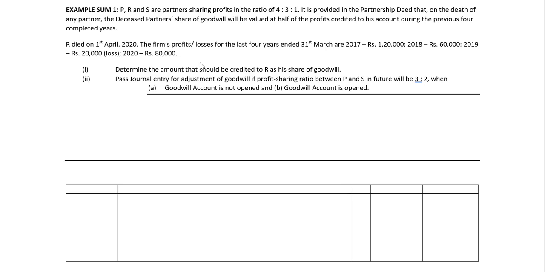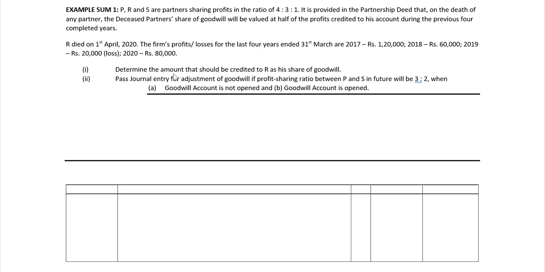The firm's profits or losses for the last 4 years ended 31st March are 2017 rupees 1,20,000, 2018 rupees 60,000, 2019 rupees 20,000 loss, and 2020 rupees 80,000.